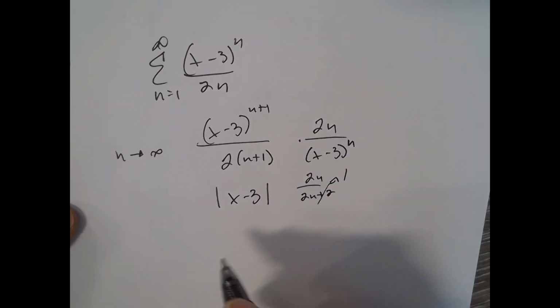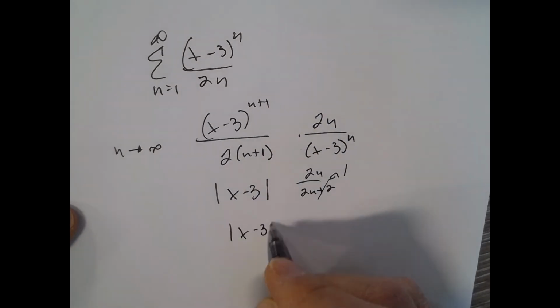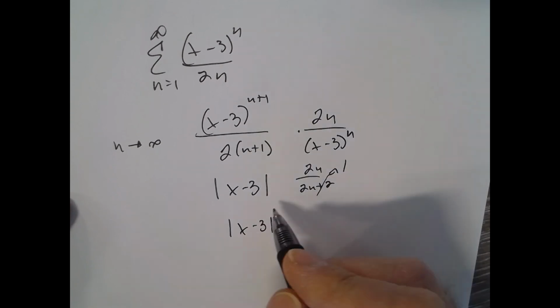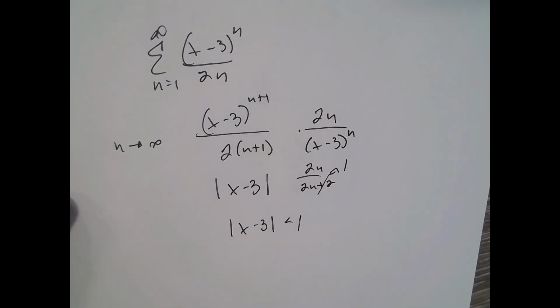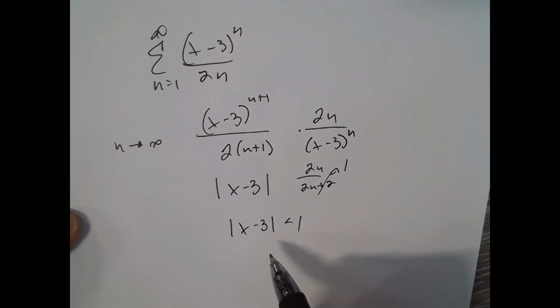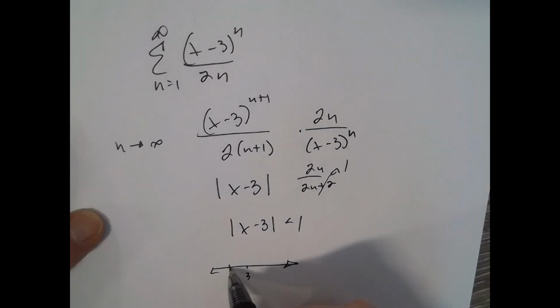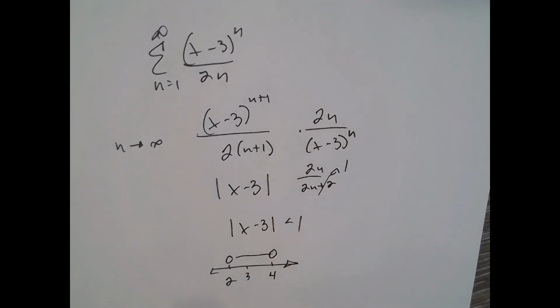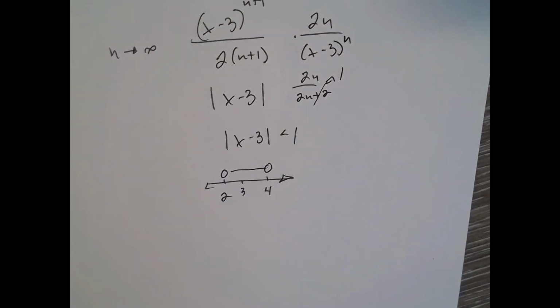So I do get absolute value of x minus 3 less than 1. Okay, so my center is at 3, my radius is 1, so we're going from 2 to 4. I just skipped the whole inequality thing.